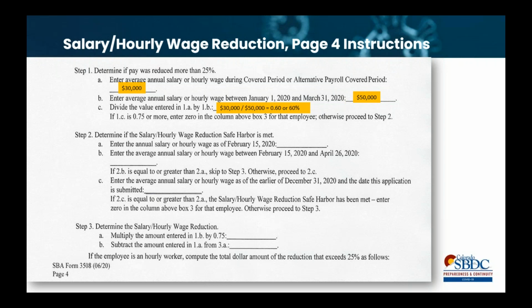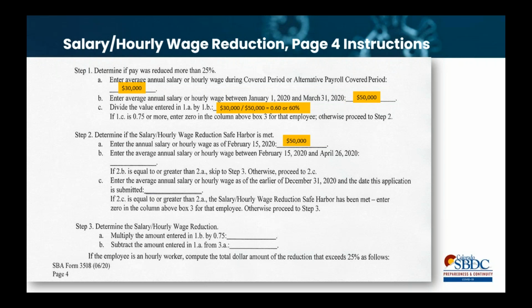In item A, we will enter Bob's annual salary as of February 15th, 2020, which we have already said was $50,000. Item B will be a bit more difficult to calculate for Bob. We have said that we cut Bob's salary to $30,000, but we did not do it exactly on February 15th. We did it on April 1st.